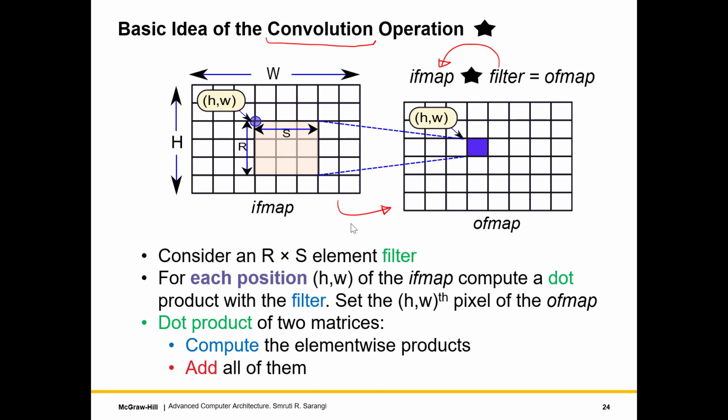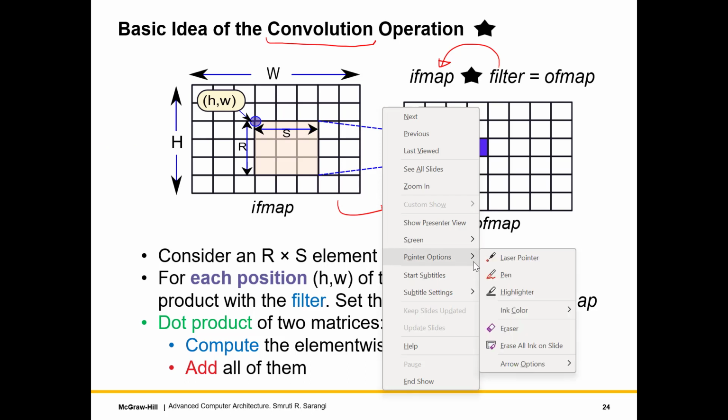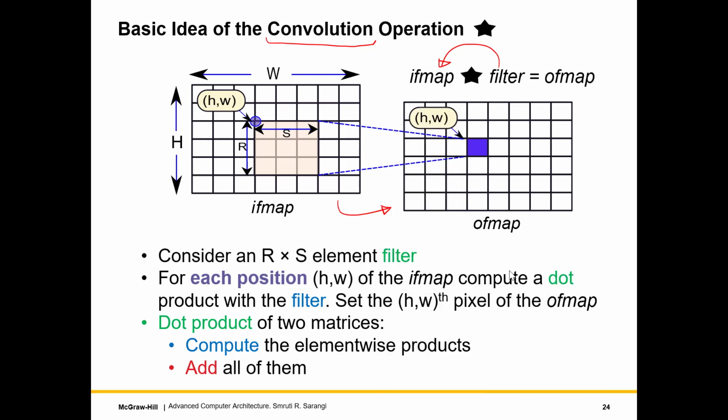But the key idea here is that we are overlaying the kernel over the point h, w, and in the OF map, the value of the (h, w)th pixel is essentially the convolution of this 3 cross 3 range with the filter.